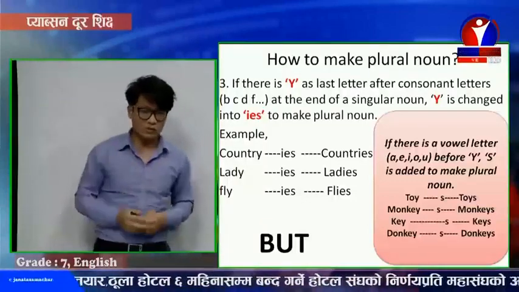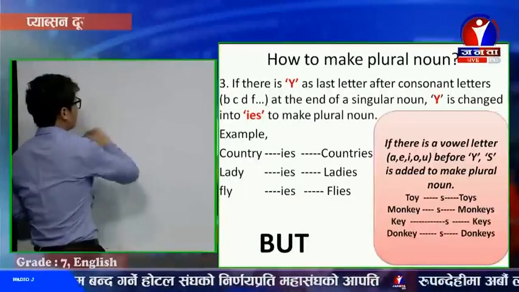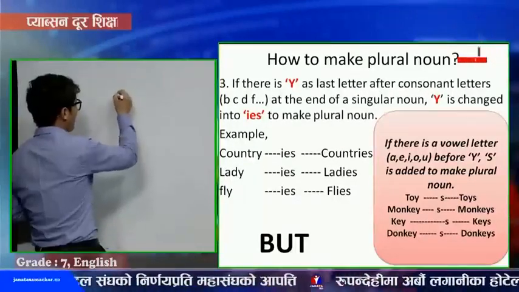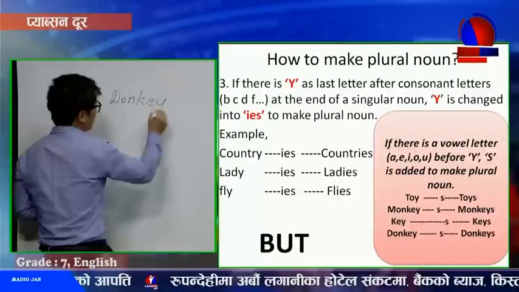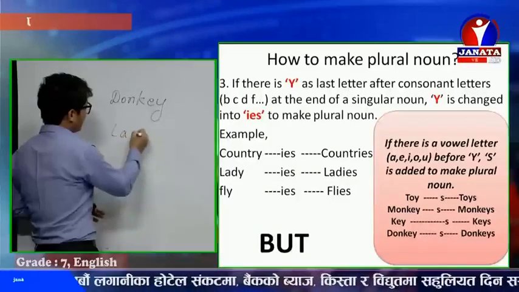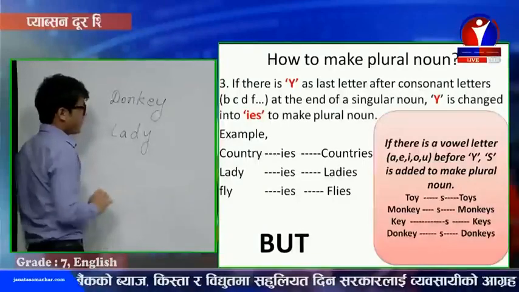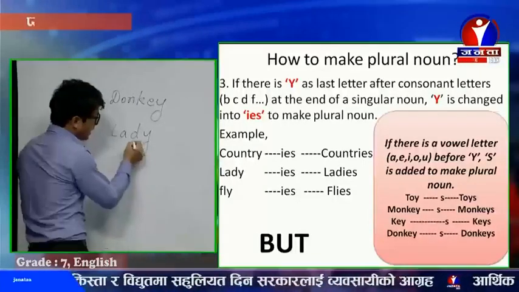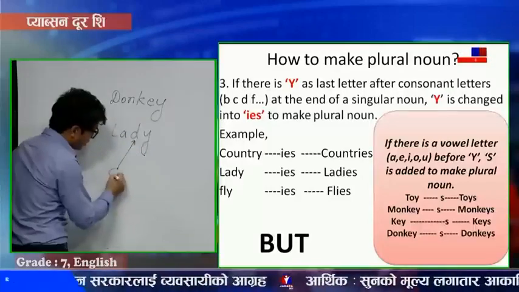So let me now take help of a whiteboard and show you more examples. Donkey. I think you can say it very well. And another is lady. So now see here. Let me repeat it. Before Y here is a D, and this D is a consonant letter.